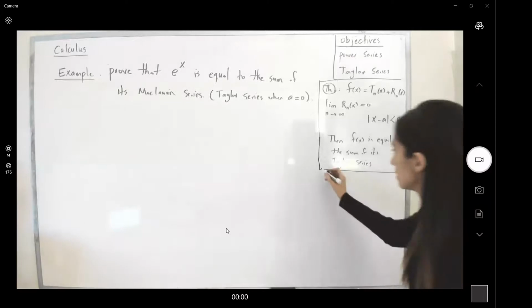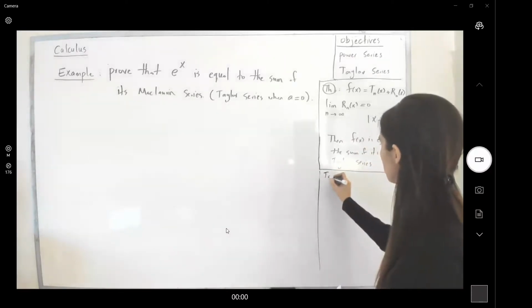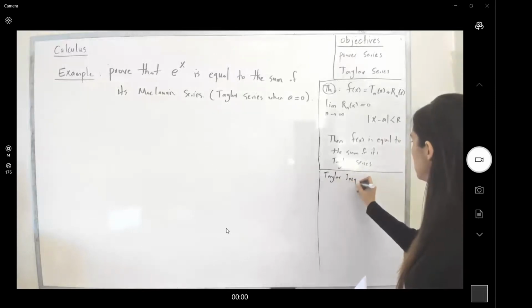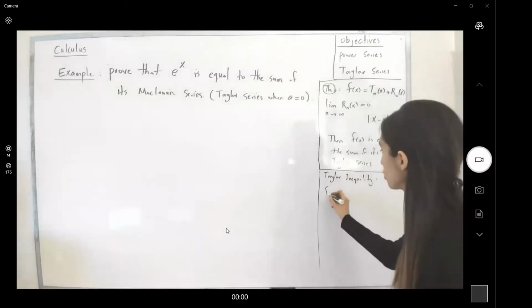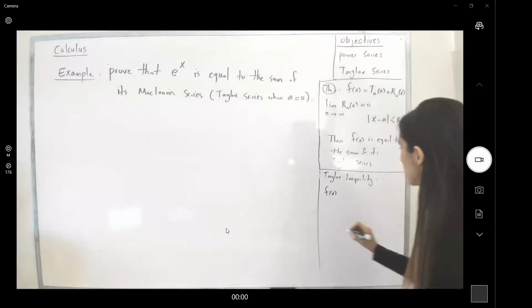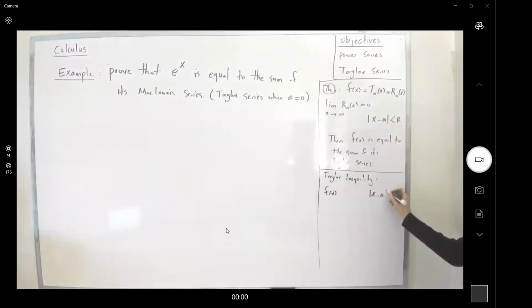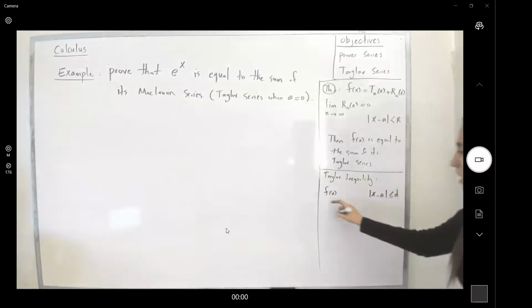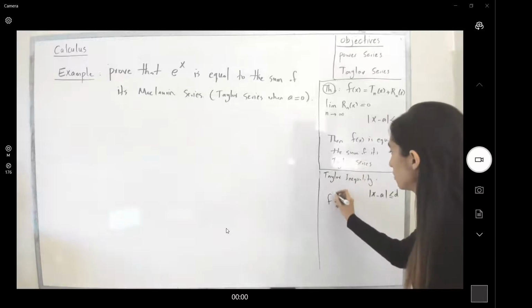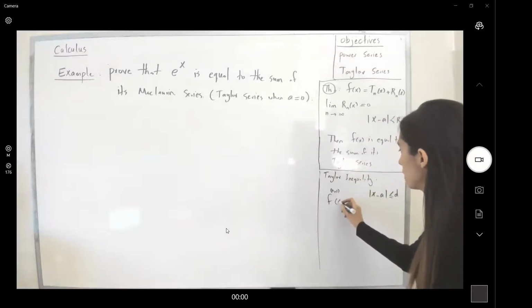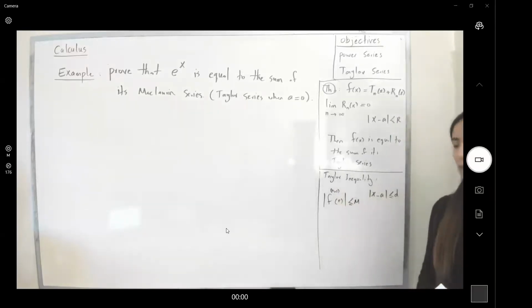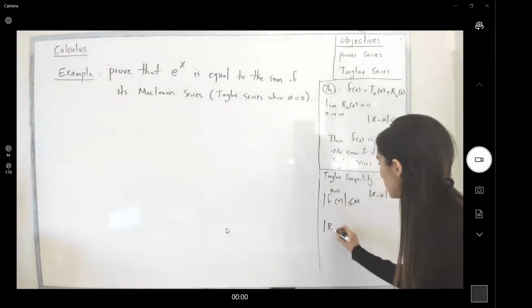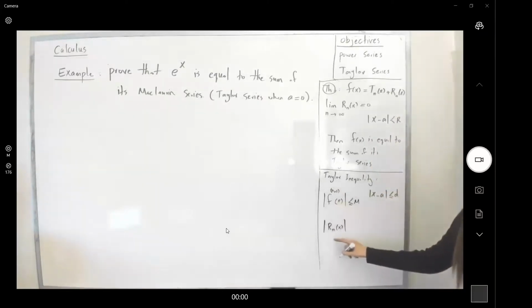And Taylor's inequality tells us that if you have, for example, a function f of x, and the interval of convergence |x minus a| is less than or equal to d, and the n plus 1 derivative of your function is bounded by a constant like M, then we can find an upper bound for our remainder.